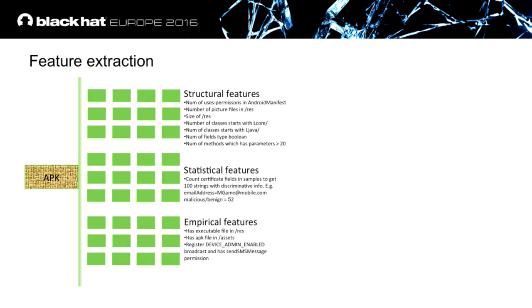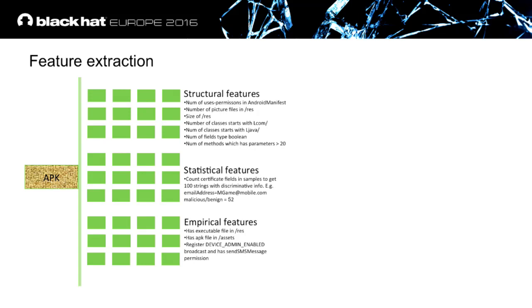We collect certificate files from all the samples in the training data sets, and then we count the string occurrences of each field. Then we found this string: email address equals mgame@mobile.com. This string appears in malware 52 times, while it rarely appears in benign apps. So we use this string as a feature.